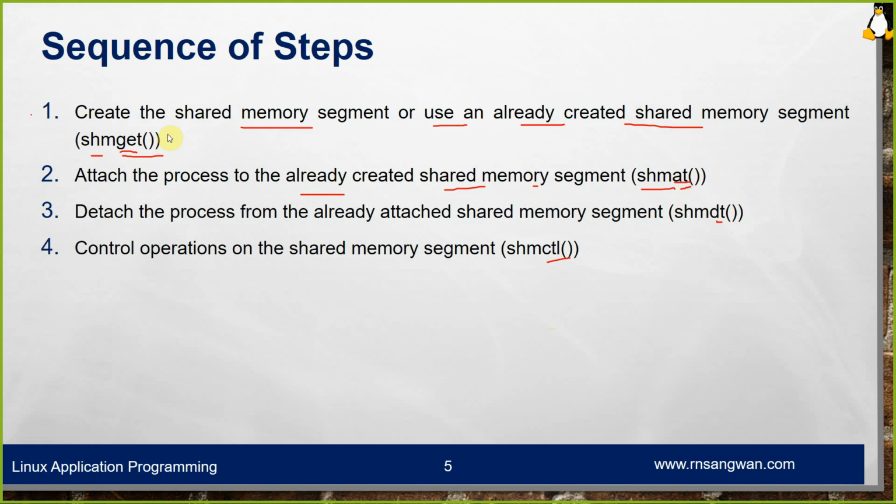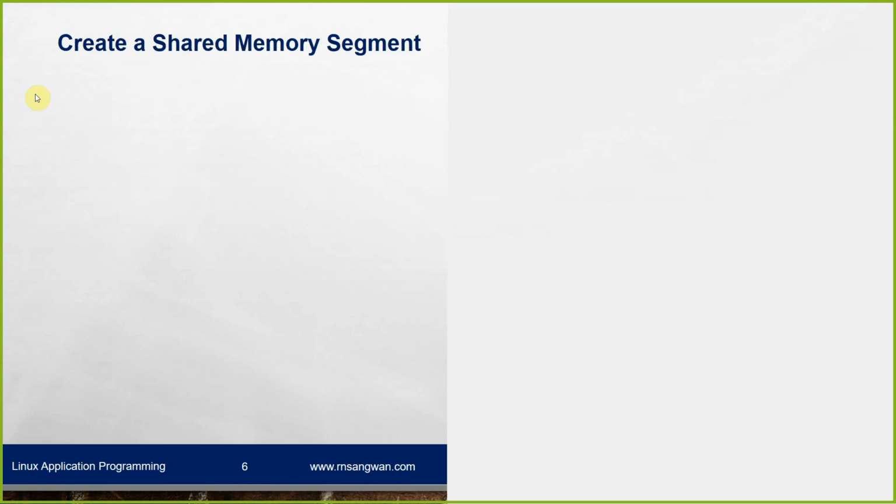The functions are easy to learn: shmget, shmat, shmdt, shmctl. Get, attach, detach, and control. So attach the process to an already created shared memory segment with shmat, detach the process from an already attached shared memory segment with shmdt, and control operations on the shared memory segment using shmctl. So these are the steps which we are going to use.